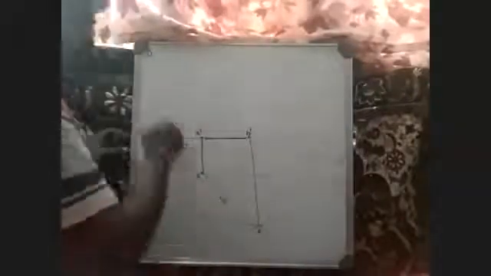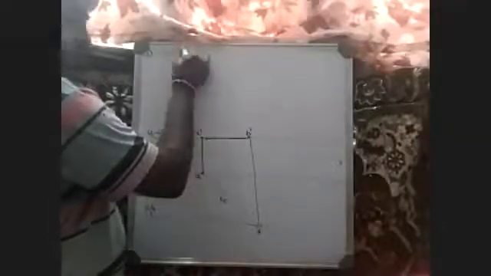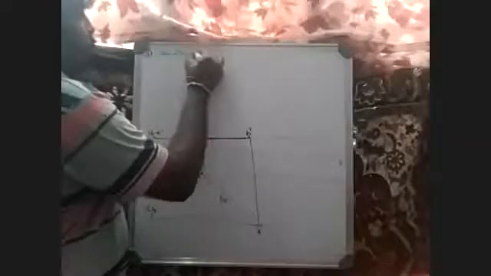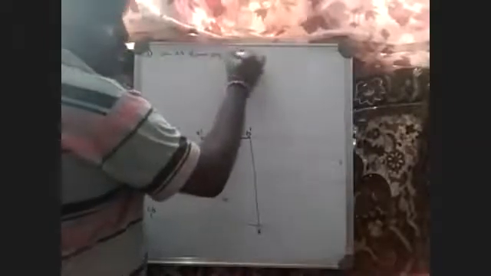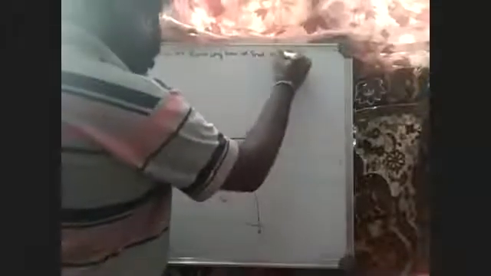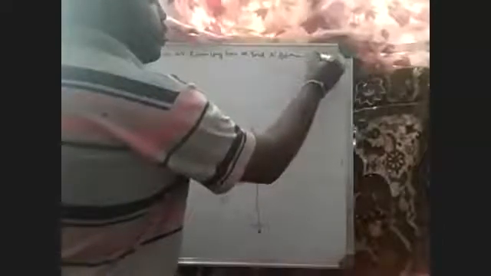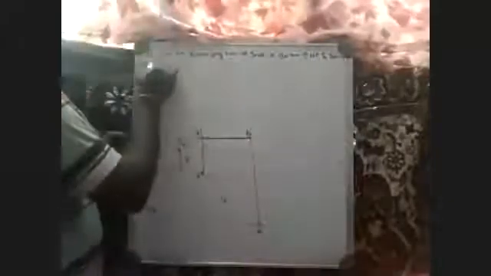Okay, observe. It's a line AB, 80 mm long, with its end A 20 mm above HP and 30 mm in front of VP.